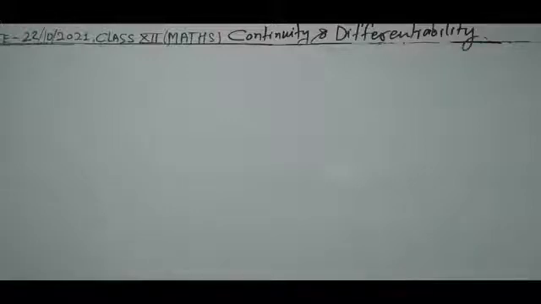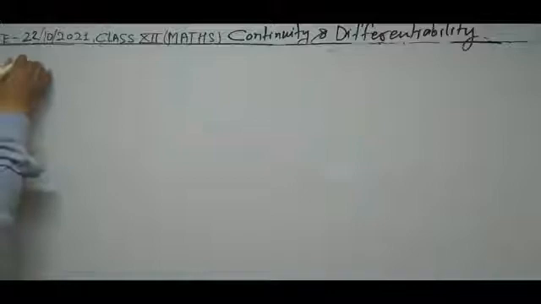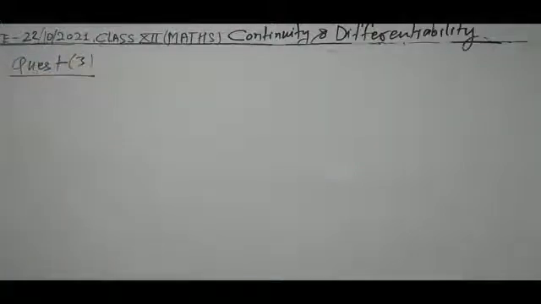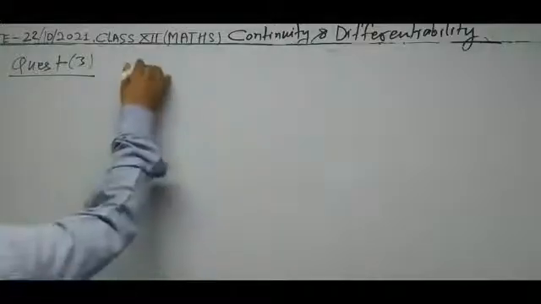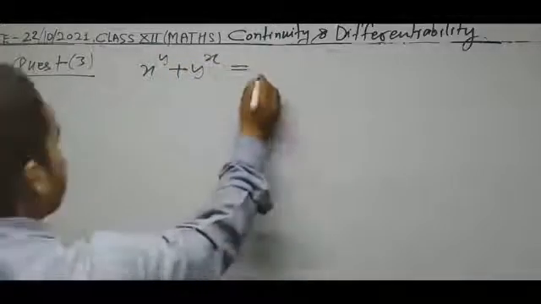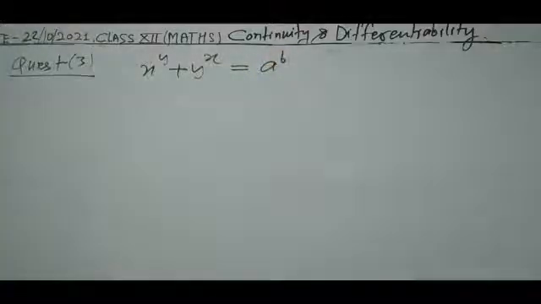This is question number 3: x to the power y plus y to the power x is equal to a to the power b. Now you know this is a function to the power function, so we have to differentiate this function separately.